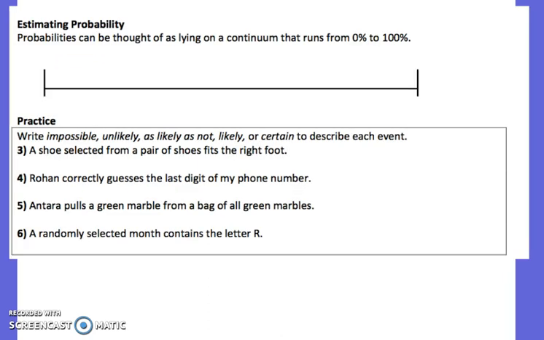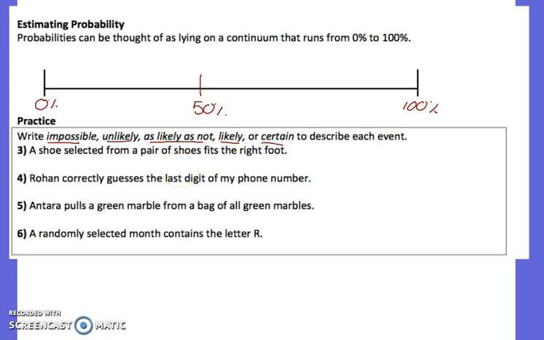Now we're going to write a couple of things. We're going to estimate some probabilities from 0 to 100%. So some things that I would like to think about is if it's to the far left, it'd be 0%. If it's to the far right, it'd be 100%. And right smack in the middle, you have 50%. So let's look at these words underneath here. We have impossible, unlikely, as likely as not, and likely, and certain.